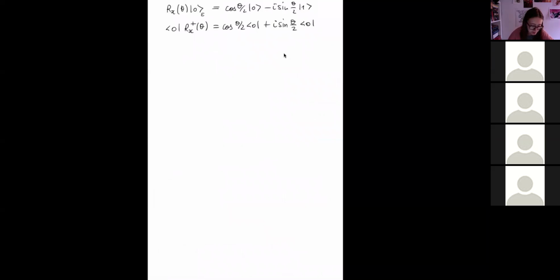Okay, anyway, but let's continue with our painful task. So now I'm coming back to what I wrote before and just substituting this Rx acting on 0. So what I get is, here we don't have anything, then the next term, rho A, 1, 1. Here we have tensor product cosine theta over 2, 0, 0, plus I sine theta over 2.